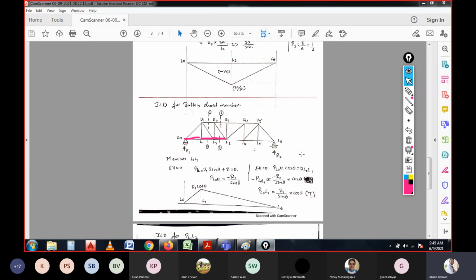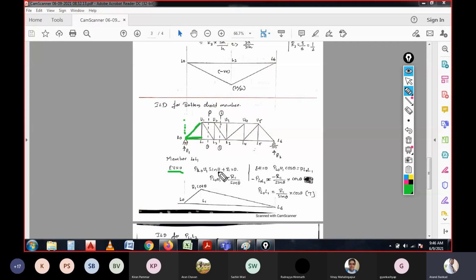It is just simple: what we have considered for L0 U1, the same thing needs to be considered for L0 L1. So for this L0 L1, if you consider the summation of vertical forces, the vertical forces will be P L0 U1, which is resolved vertically.